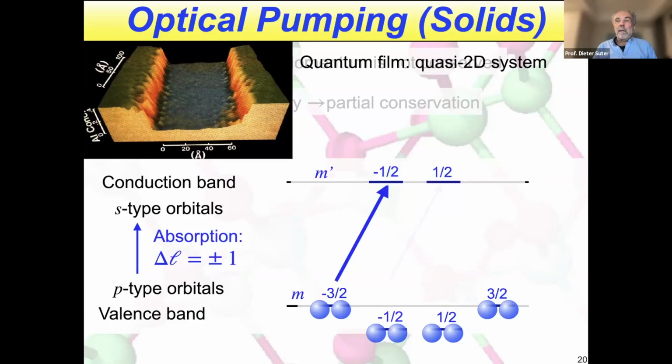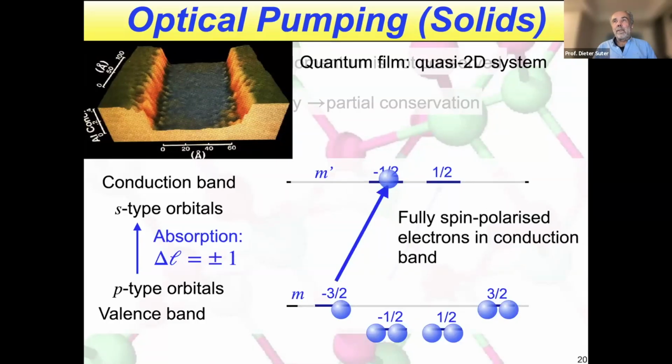And therefore, if you have your laser resonant with the -3/2 to -1/2 transition, it's not resonant with the -1/2 to +1/2 transition, and you only excite this specific transition. So the result is that your electrons are now fully polarized in the conduction band.